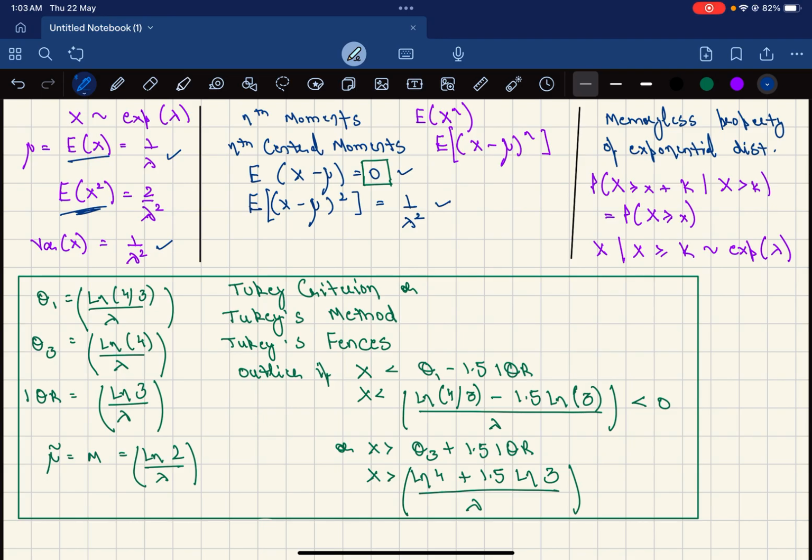So this means that the distribution of waiting time does not change given that some k minutes have already passed. The conditional distribution still remains the same as the original exponential distribution with the same parameter lambda.